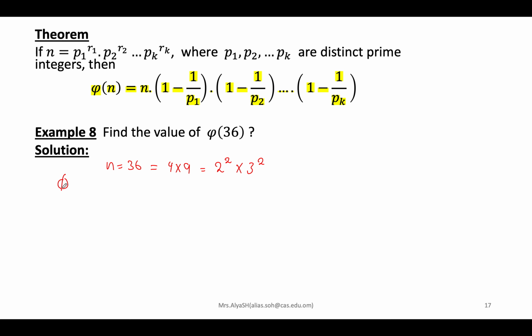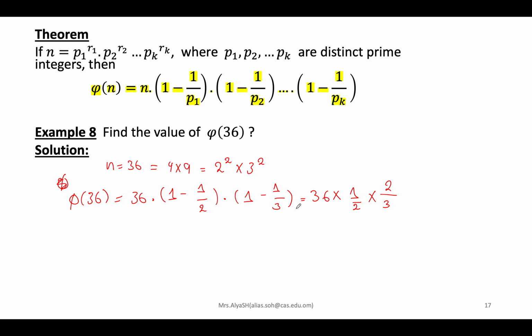So here we got that phi 36 equals 36 times (1 minus 1 over 2), then times (1 minus 1 over 3). Now 36 multiplied by 1 minus 1 over 2 is 1 over 2, multiplied by 1 minus 1 over 3 is 2 over 3.